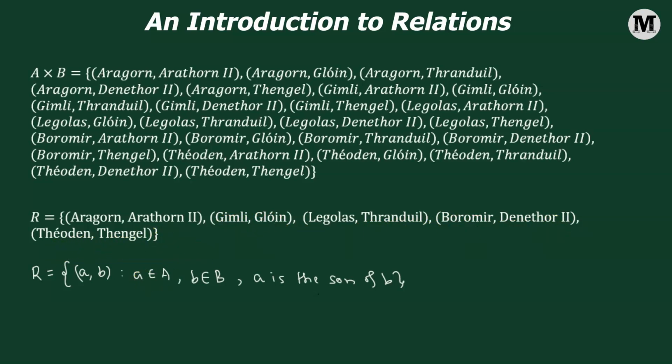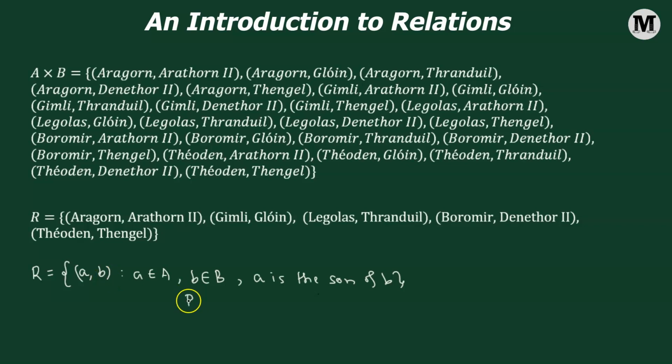So what we have done here is we have first taken the Cartesian product of sets A and B, and from this set we have picked some special ordered pairs, and these ordered pairs have been picked in such a way that the first element is related to the second element.